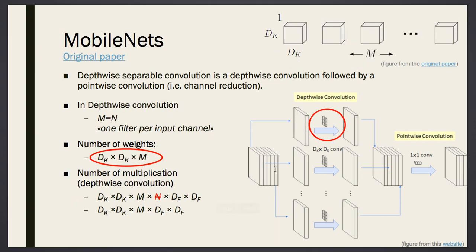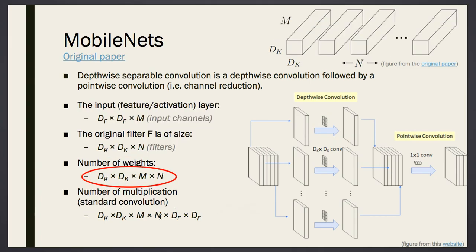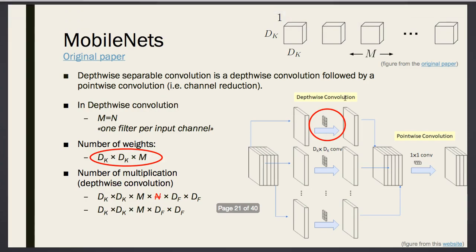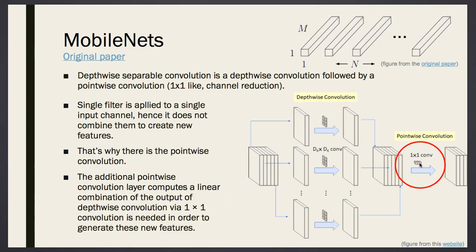And the number of multiplications for each one of these is without the n, because in the original one we had dk by dk by df by df times n. So this is the number of multiplications you do. But it's not finished. In the end, you do a 1 times 1 convolution as well. Why do we do this? Let's continue this in the next slide.